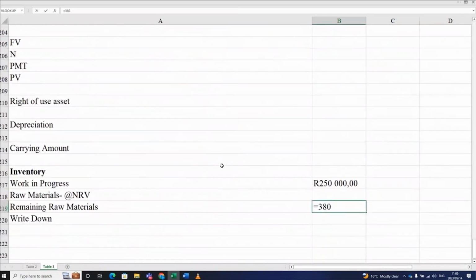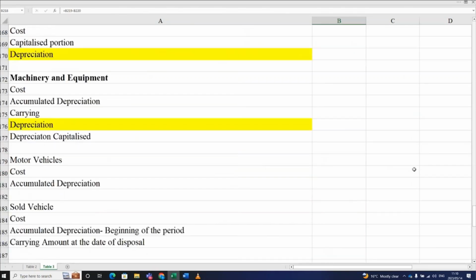So now you say 380,000 multiplied by 60%. That's what you have remaining. And then they say that what is remaining has been written down by 15%, okay? So we multiply by the 15%, and then the value is the 280 minus that 15%, and that's the value of our raw materials at net realizable value. Okay, right.